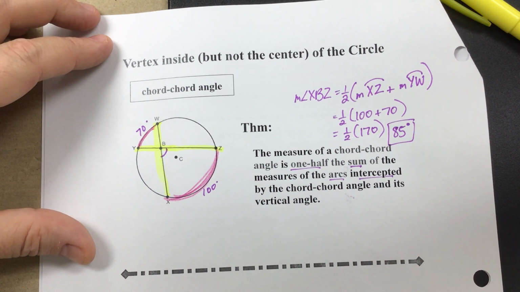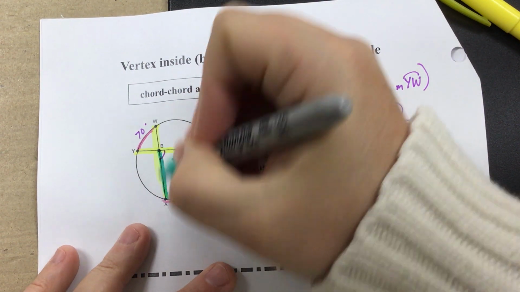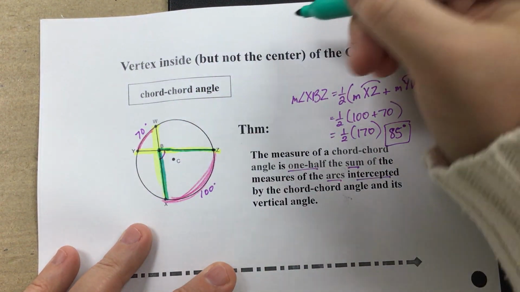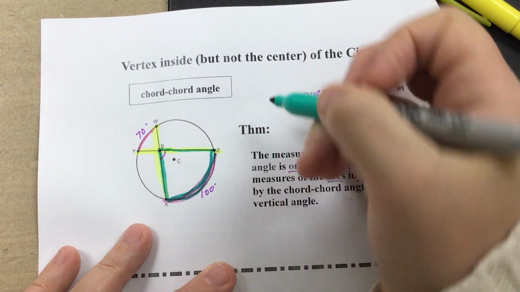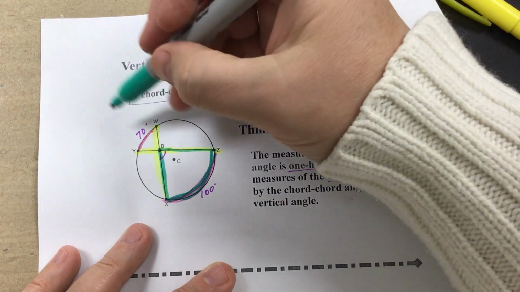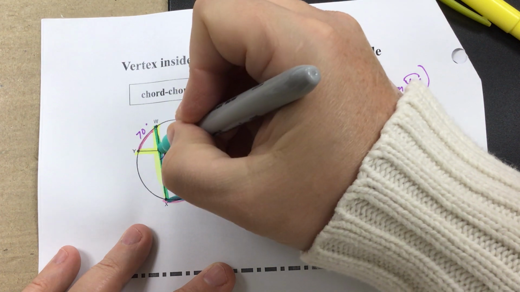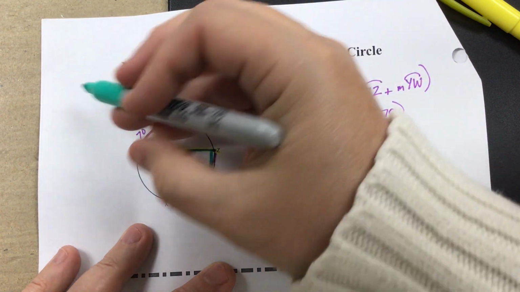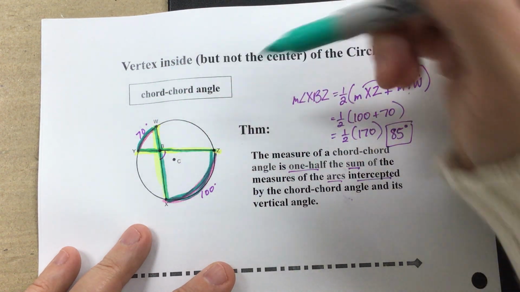Again, if you think of this as a Pac-Man, here's the angle that I want to find. The intercepted arc would be this arc XZ, and then you have to take half the sum of that one and its vertical. The vertical that goes with this would go this direction, and the arc that goes with its vertical would be WY. So again, it's half the sum of these two.